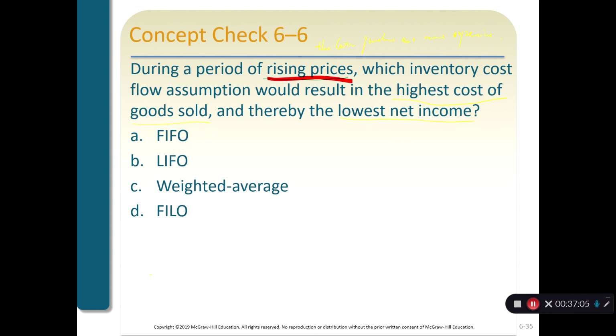If we want the highest cost of goods sold, we should choose the cost layer of the most recent purchase, because the price is rising. So we should choose LIFO, because last in, first out. The latest purchase is the one used to calculate cost of goods sold, and the latest purchase is expensive, the highest cost, because the cost of the products is rising, right?